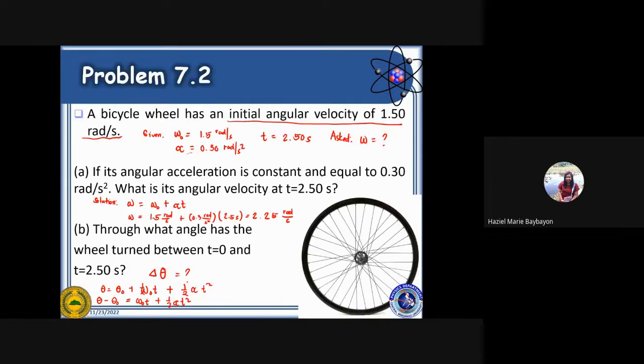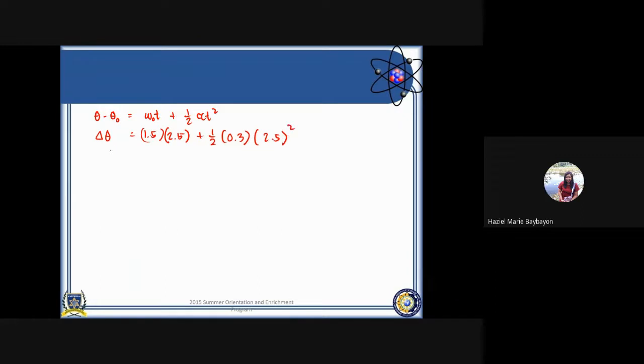The time, class, goes from 0 to 2.5 seconds, so you just subtract the time interval, 2.5 minus 0. So you will have 2.5 seconds, plus 1/2 times alpha, which is 0.3 radians per second squared, multiplied by 2.5 seconds squared.